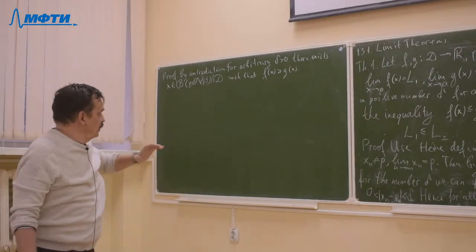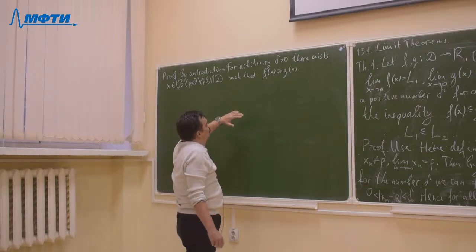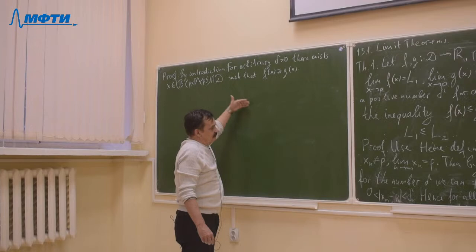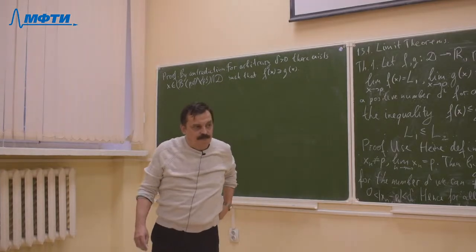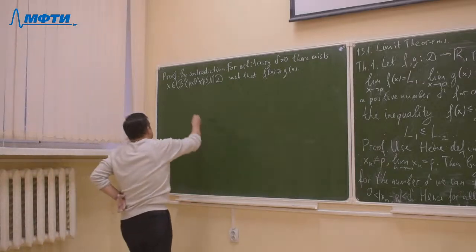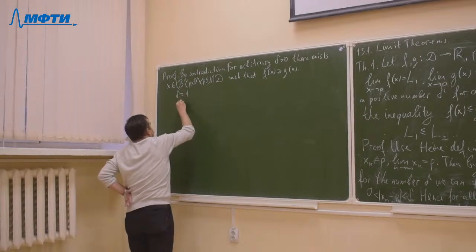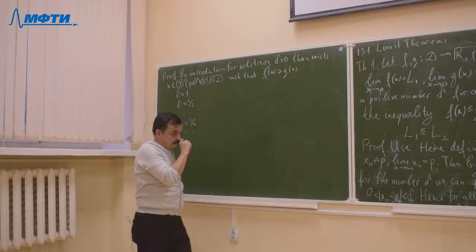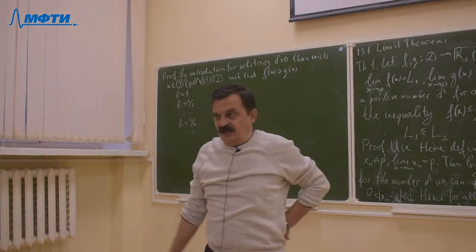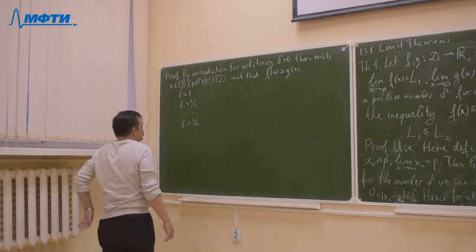So we suppose that delta is taken smaller and smaller. We start from, let's say, delta equals 1, then we choose delta equals 1/2, and so on. So delta 1 over n, and so on. Such an infinite chain of values of delta is chosen.